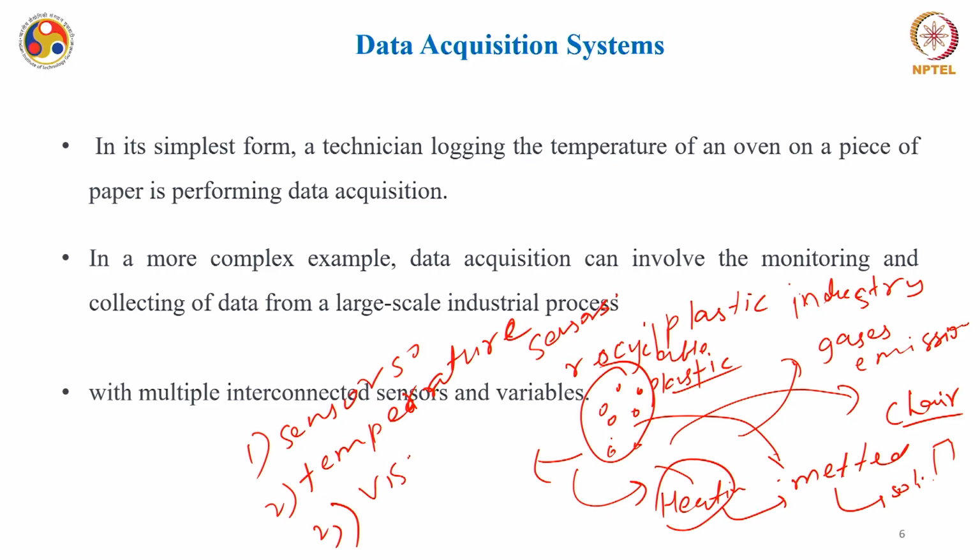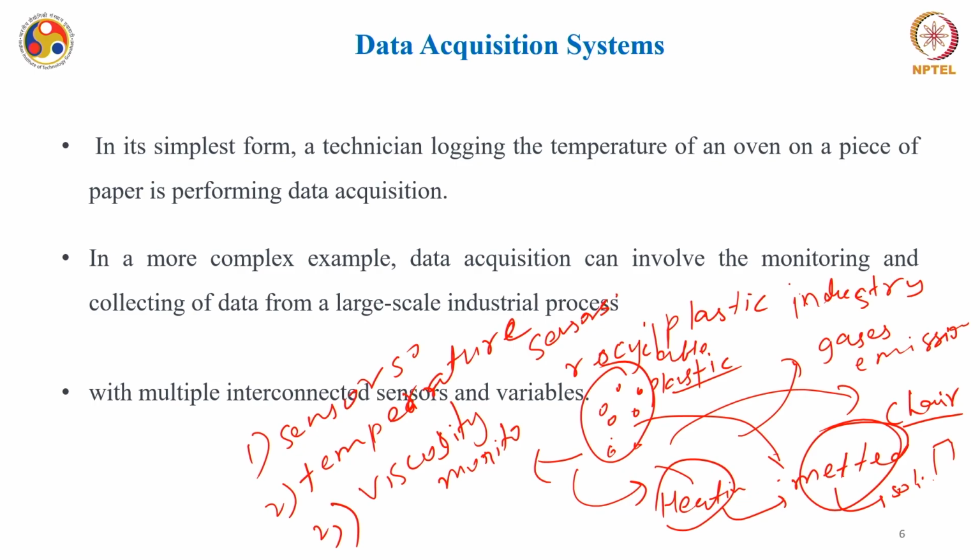You may require viscosity monitors to monitor the melted plastic, and similarly you need multiple sensors in this. So, it is a very complex problem, and you can monitor all these parameters using a DAX system.